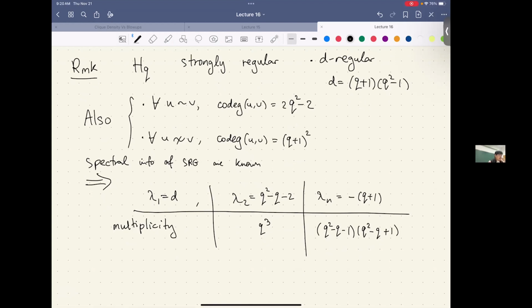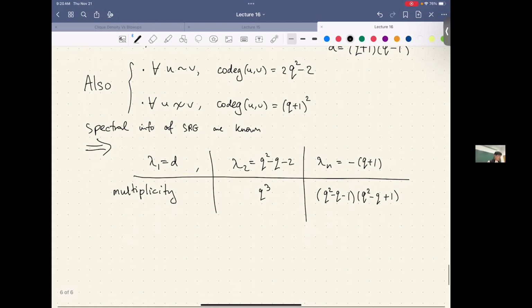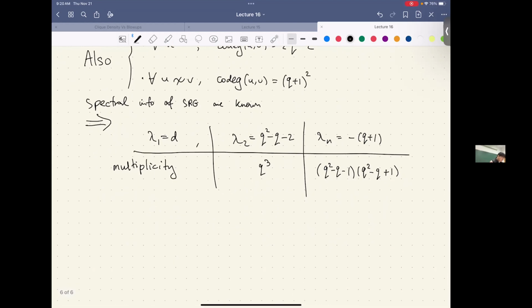Now, that's the first step. We now have our HQ. We know how it looks. In the second step of the construction, we go from HQ to HQ star.